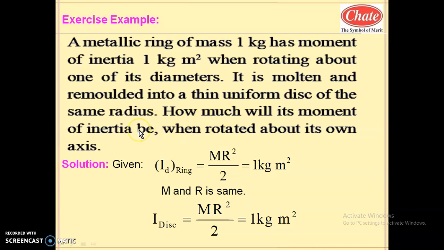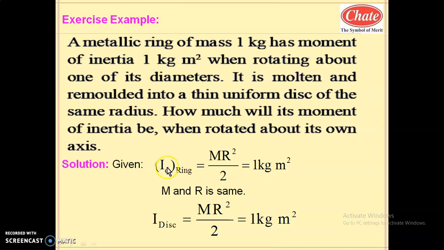But now in this case, for the disc, when rotated about its own axis. So the own axis of the disc means the axis passes through the center and perpendicular to the plane of the disc. That formula is again mr square by 2. So here your answer will be 1 kg meter square. So see how the answer is 1 kg meter square.